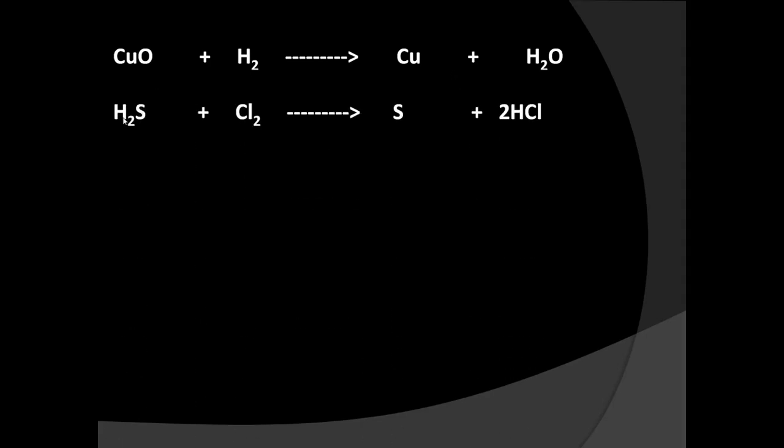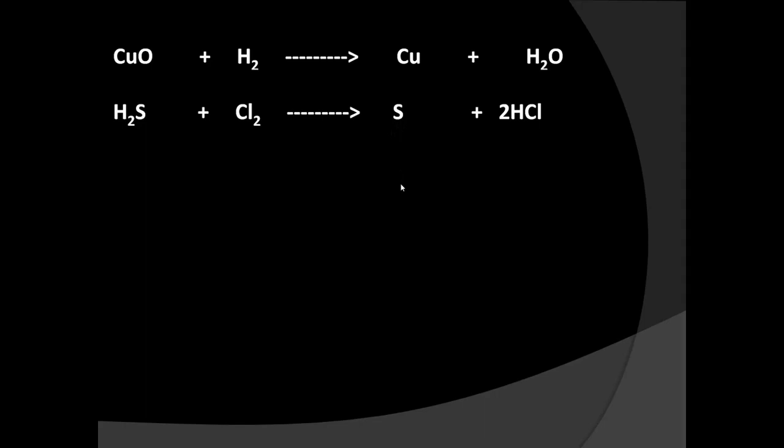One more example, H2S plus Cl2 gives rise to sulfur and 2HCl. Here you have to observe for hydrogen. Here sulfur is having hydrogen with it, but in the product what has happened? Sulfur has lost the hydrogen. If there is loss of hydrogen, it is called reduction.